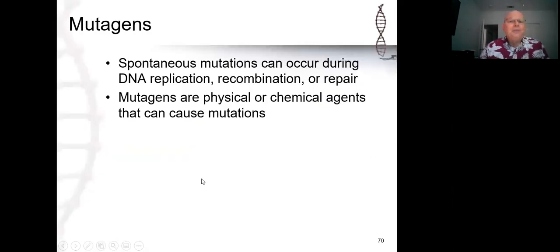So we know that mutations can occur spontaneously and do occur spontaneously as a result of the errors during replication. Remember, replication is very, very accurate, but not perfectly accurate. One error in every 1 billion nucleotides, approximately. Recombination can create mutations because you can lose sequences.